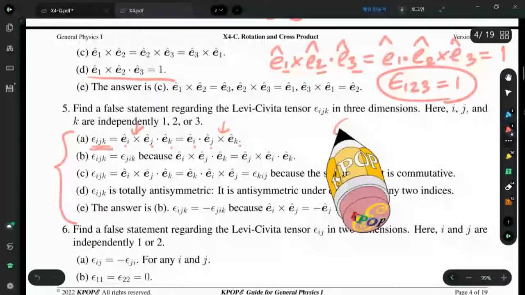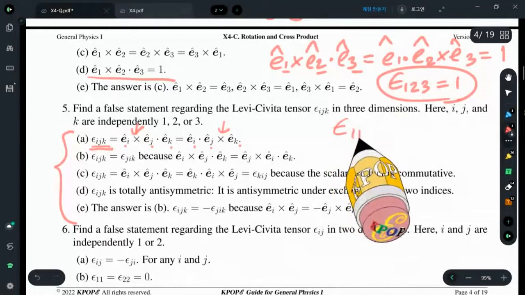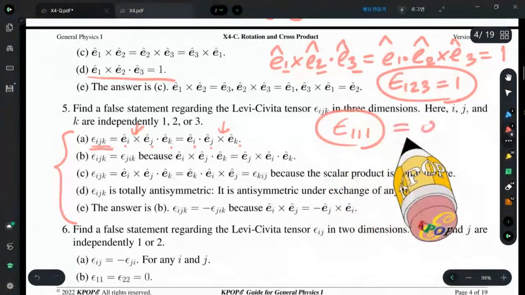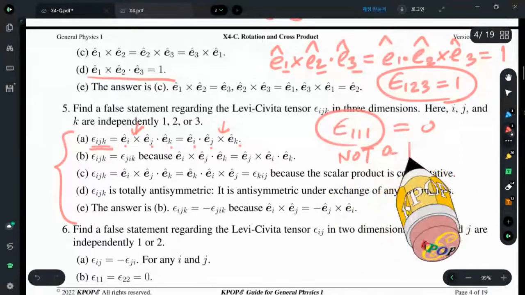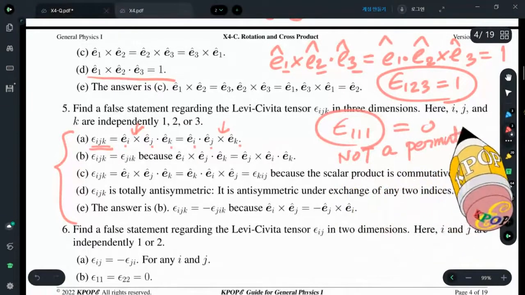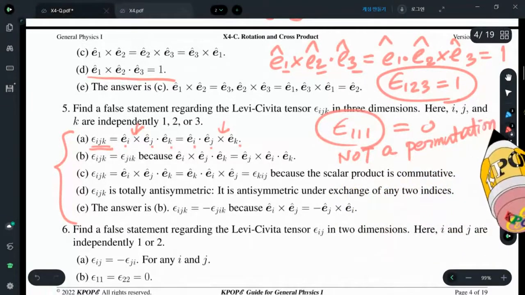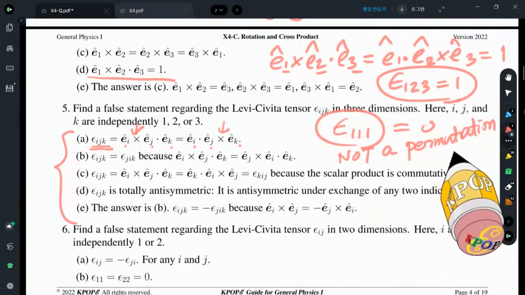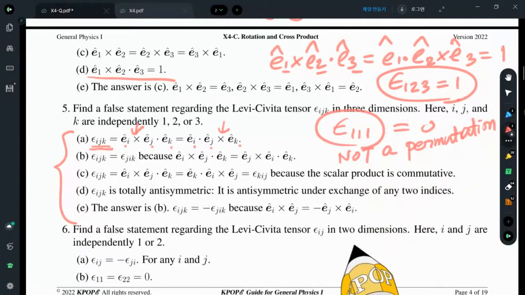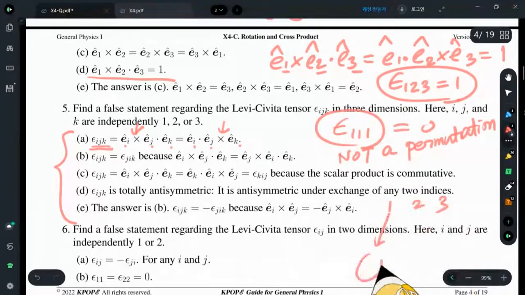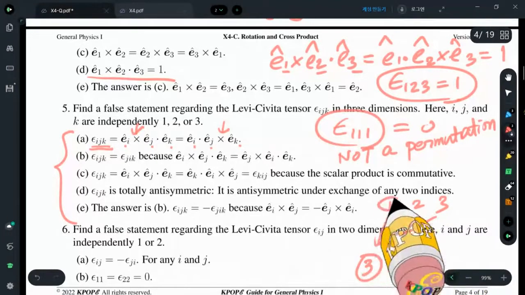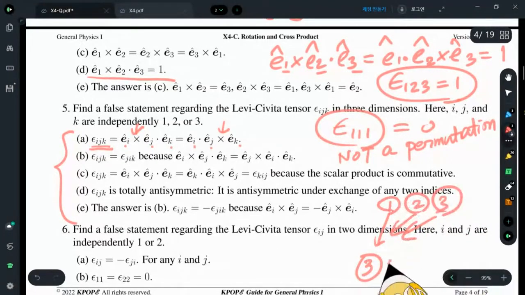By the way, if we have 1, 1, 1, what happens? They are parallel components. It is 0. This is not a permutation. Do you know what a permutation is? So we have 1, 2, 3. If I collect 1, 2, 3, I can choose one of the 3 numbers.